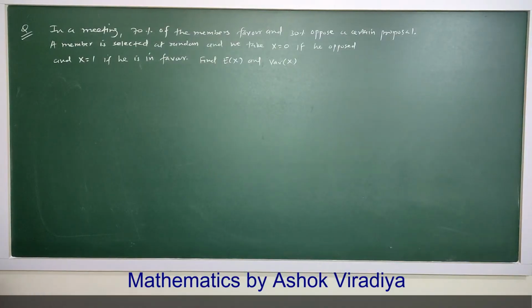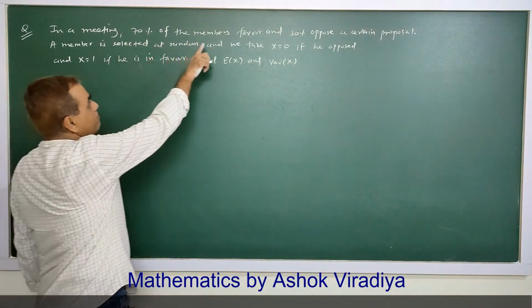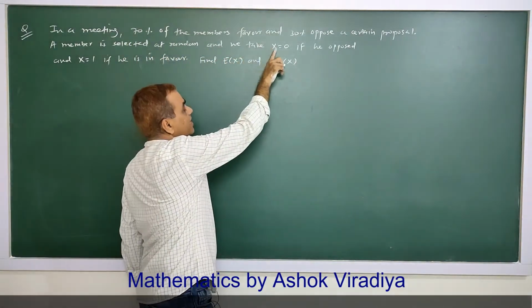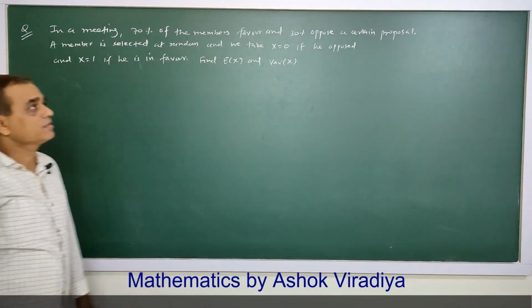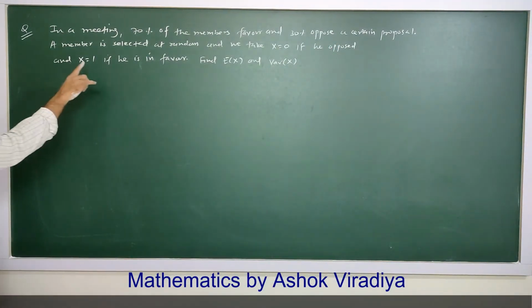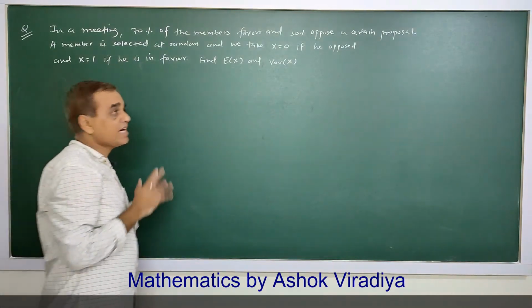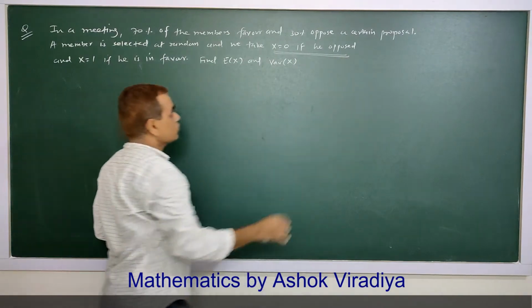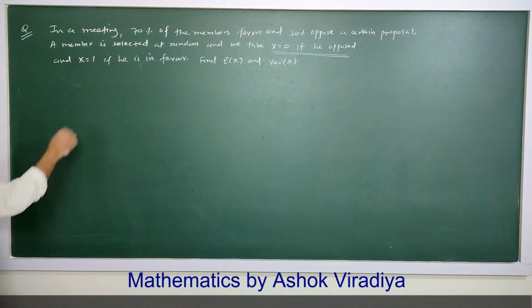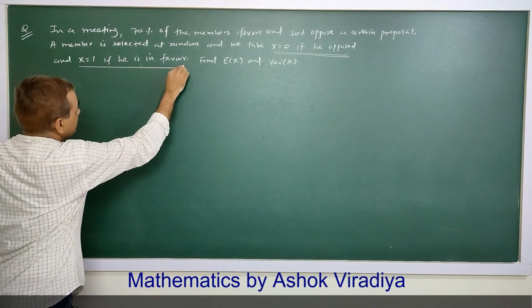Now next question. In a meeting, 70% of members favor and 30% oppose a certain proposal. A member is selected at random and we take x equal to 0 if he opposed and x equal to 1 if he is in favor.